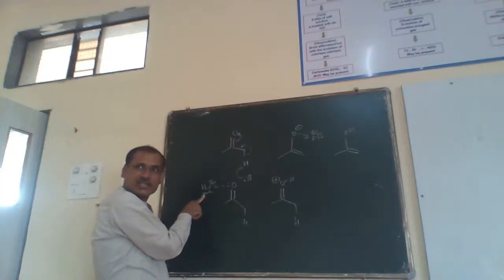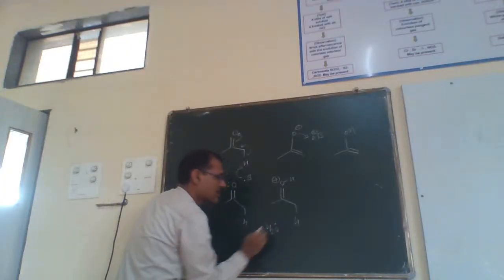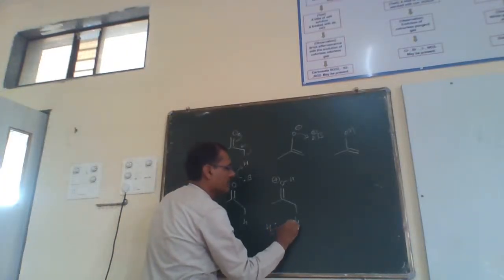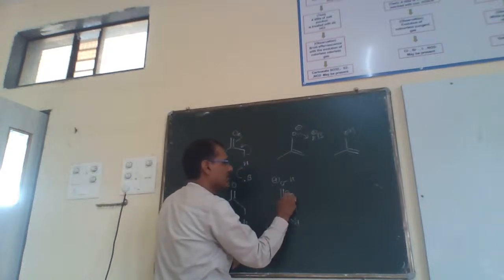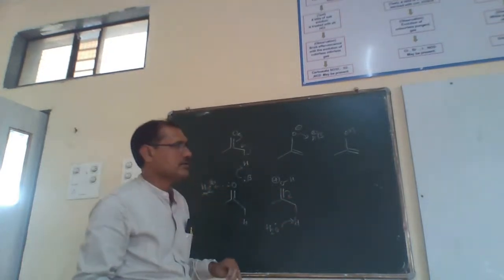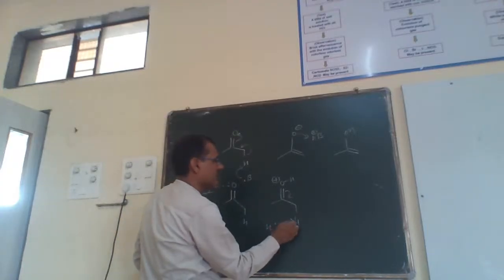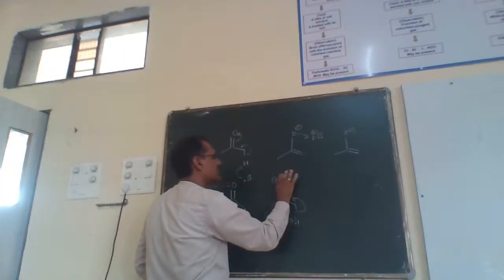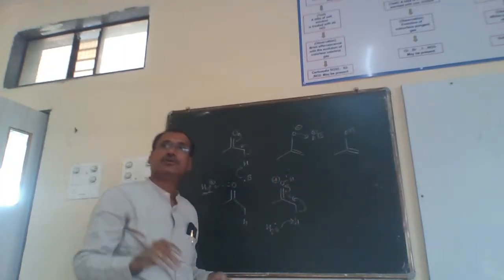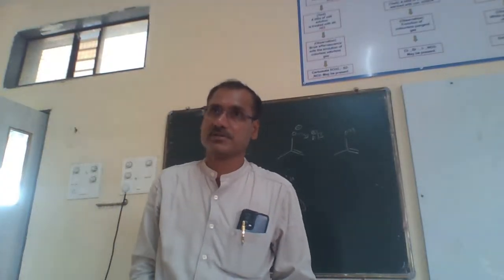If I am using H3O plus, its conjugate base will be H3O plus minus H plus, which is H2O. This H2O will eventually take this proton, this will go here, and this H plus will be lost. Eventually, acid can also catalyze the enol formation.